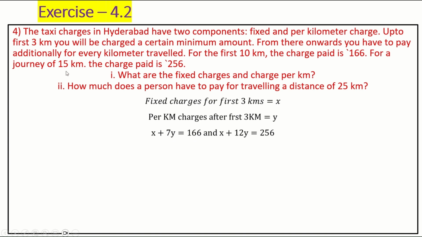And for a 15-kilometer journey, that is 3 kilometers fixed and 12 kilometers of per kilometer charge, x plus 12y equal to 256. So these are your two equations.